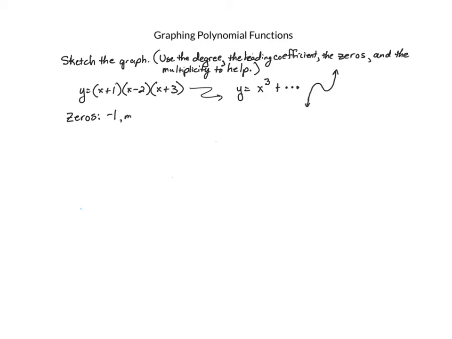Notice its multiplicity is 1 because the exponent is 1, as the exponent is on each of our factors. So multiplicity 1. Then we have 2 with multiplicity 1 and -3 with multiplicity 1.